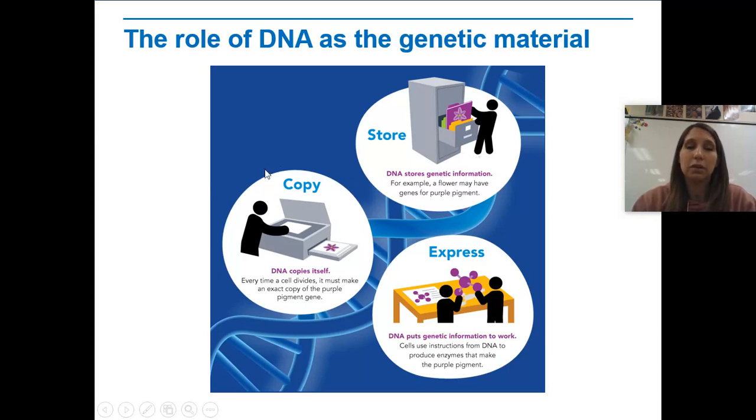It also provides a good template to make a copy of itself, which is helpful with things like mitosis and meiosis when we go through that cell cycle, but also important for fixing damage and correcting errors. And then express. So we use genes and DNA, the instructions, the code for our proteins, to actually show a trait, like a phenotype, okay?